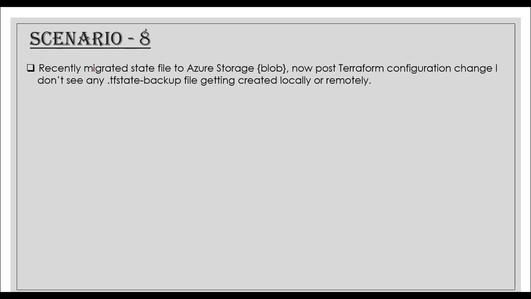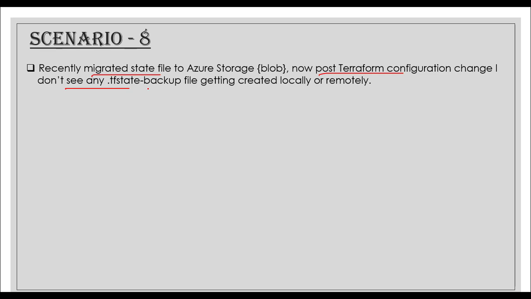Now the question is, recently migrated state file to Azure storage blob. Basically, we have a backend location created on Azure storage, so my state file is stored in my backend. Now post Terraform configuration change, I don't see any TF state backup file getting created locally or remotely.